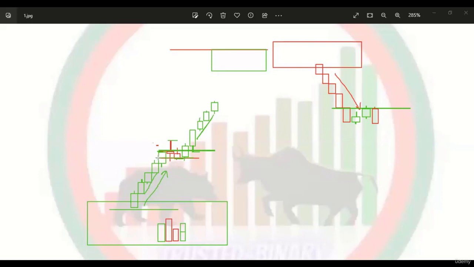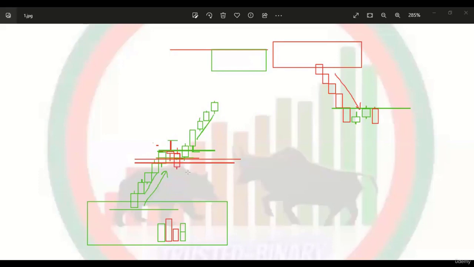Suppose this is the 50% level, and suppose there was a previous level, a round number level or any other level. That breakout happened, and then this candlestick breaks again. This type of situation.